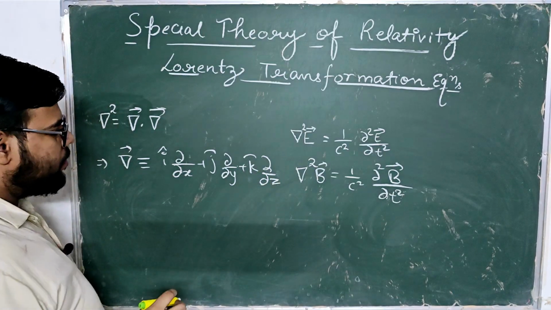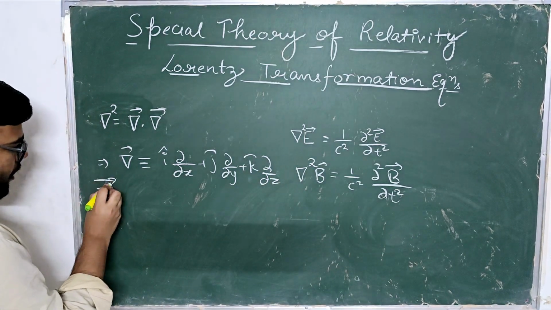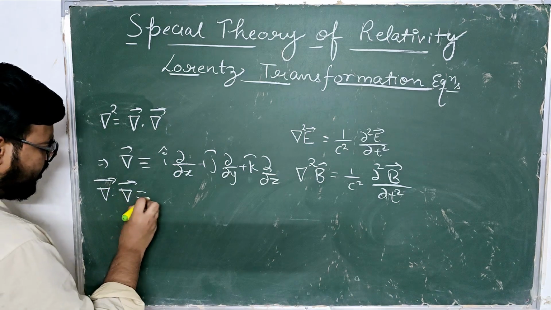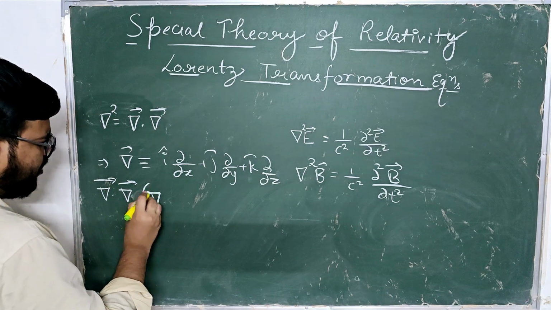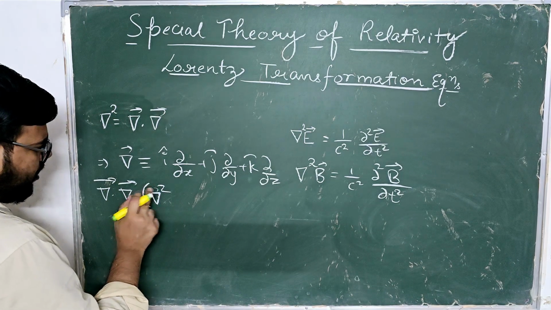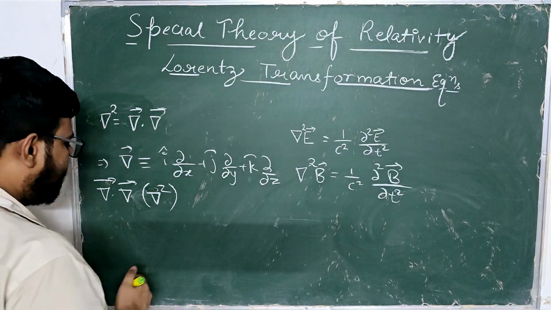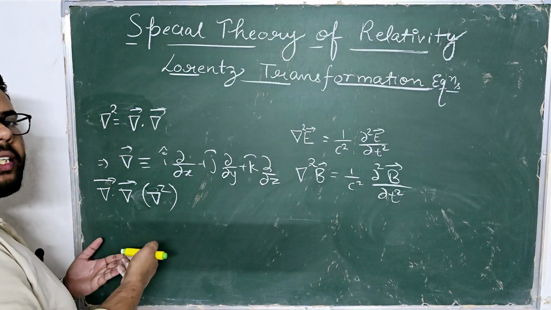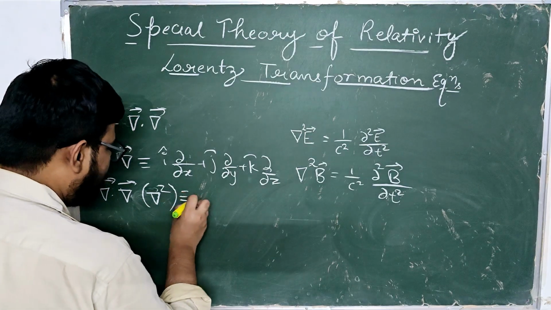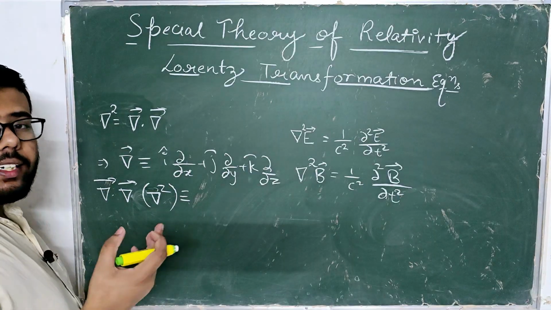When you take the dot product, Nabla squared is then not a vector, since the dot product gives us a scalar.